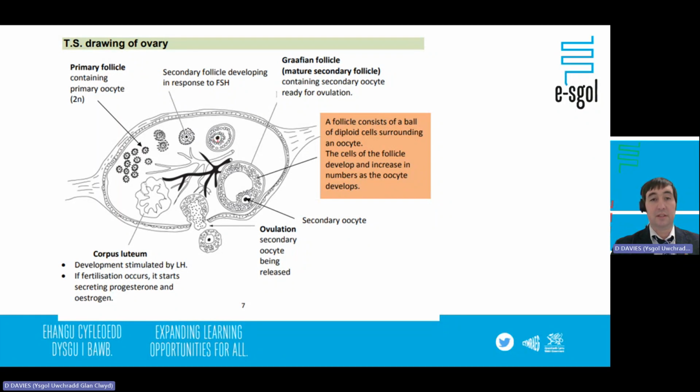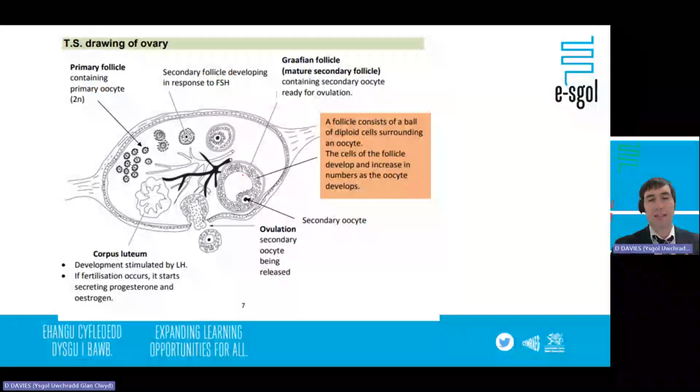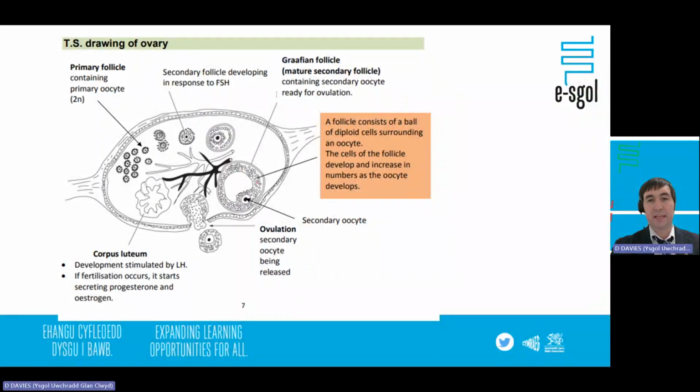The secondary follicle contains a secondary oocyte. All the while, this is getting bigger and bigger, and by the end what you have is something called a Graafian follicle. This is a mature follicle. It contains a secondary oocyte, this bag of fluid, and these cells that surround the oocyte.